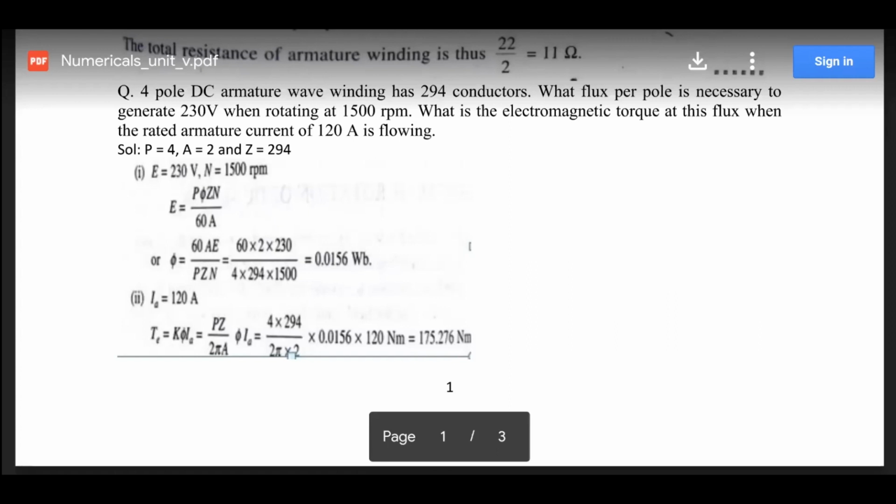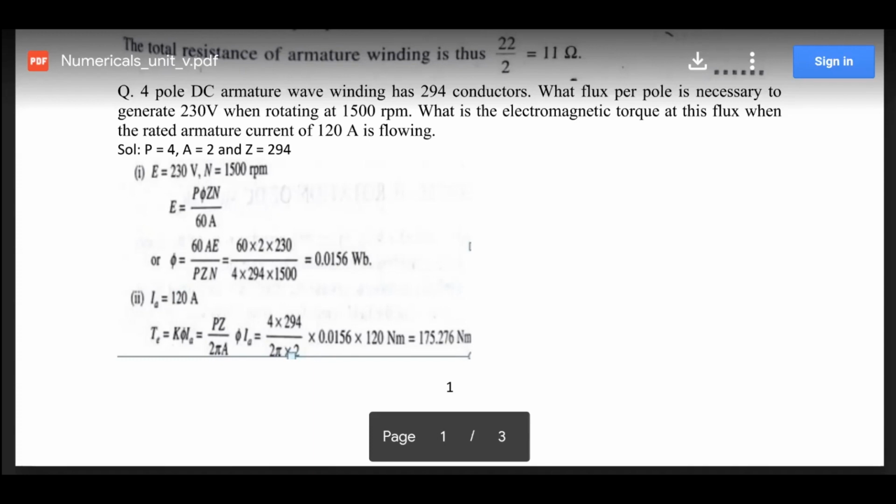So P is 4, A is 2, and the total number of conductors is 294. This is the given information, so we will apply the formula EZNP upon 60A, and the EMF is given here as 230 volts.